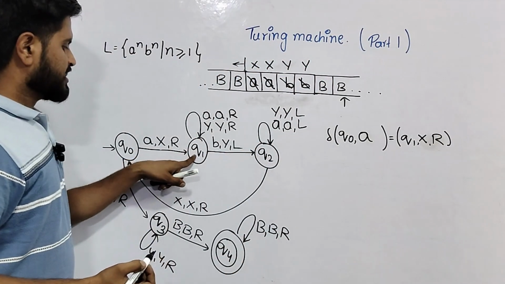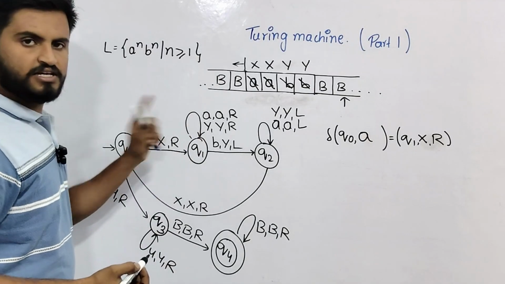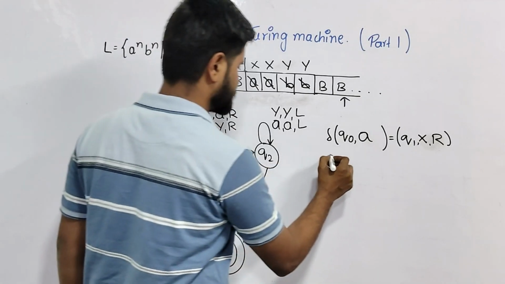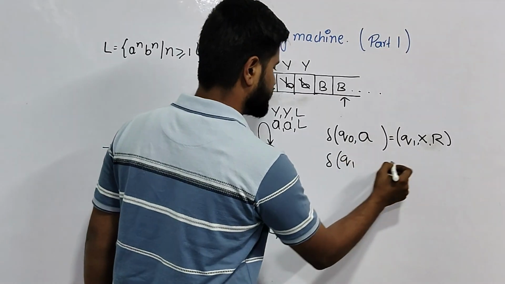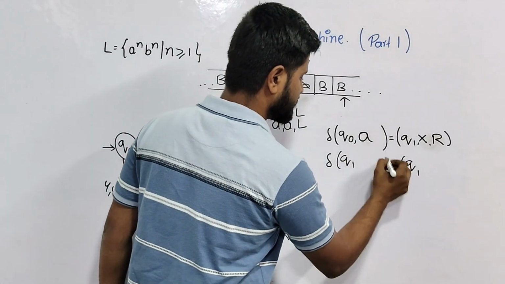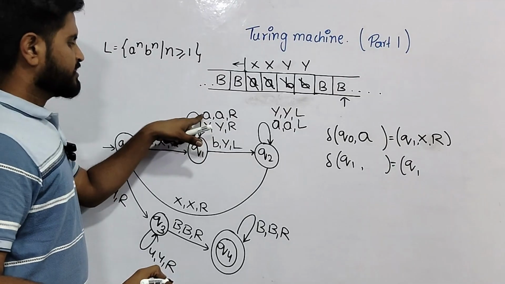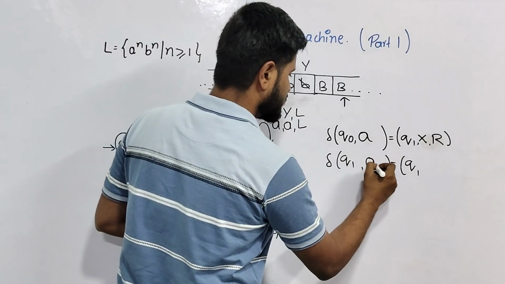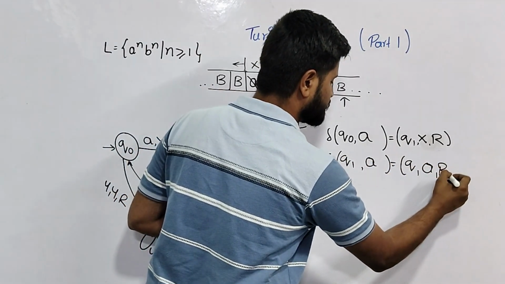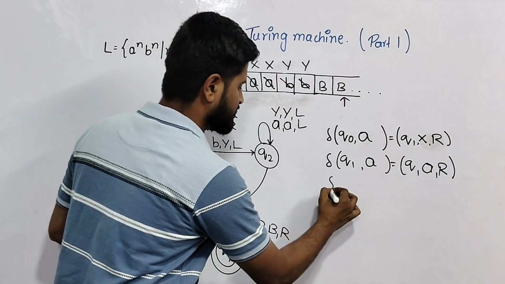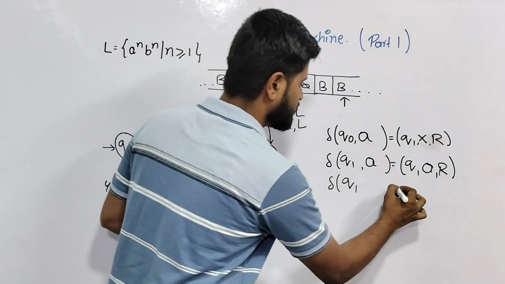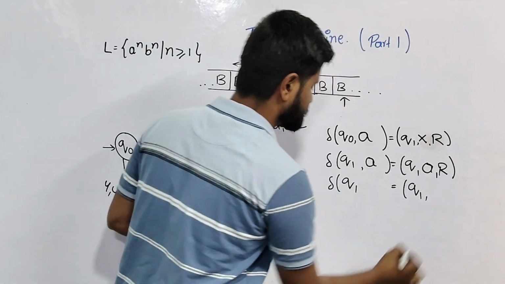Next, another one from Q1 to Q1 itself, a self loop. Two states you must represent. Delta of Q1, when you give A as the input, it replaced A as it is and moved towards the right side. Another one is delta of Q1 and the state is also Q1 because of the self loop.